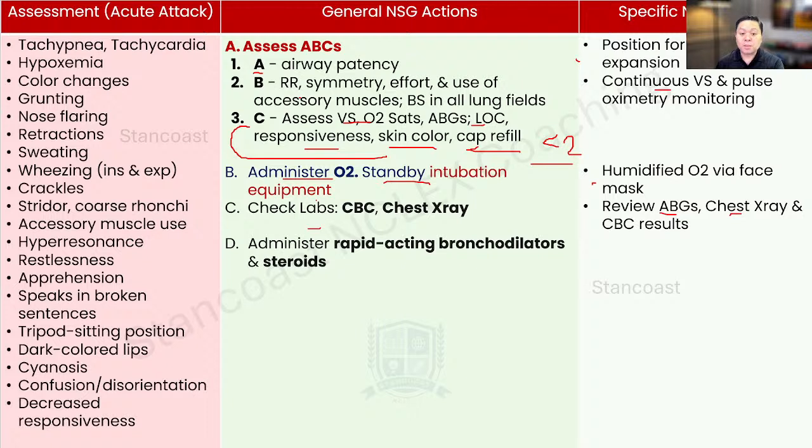Now, as soon as we get the order from the medical provider, administer the rapid-acting bronchodilators, and I'm talking about the beta-2 adrenergic agonist, the albuterol. That is our rescuer this time. So make sure that you administer that first, followed by the steroid. Okay, guys?